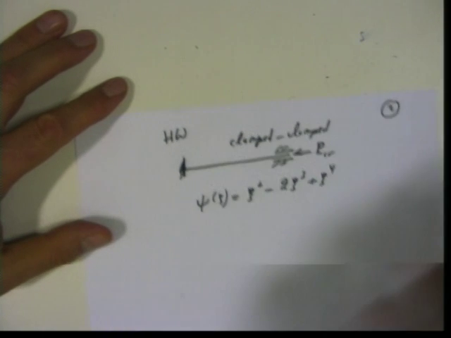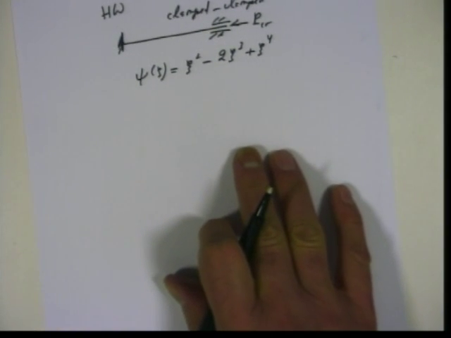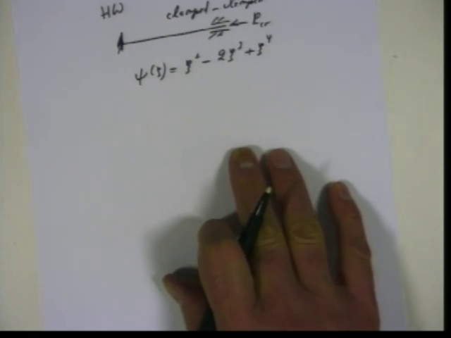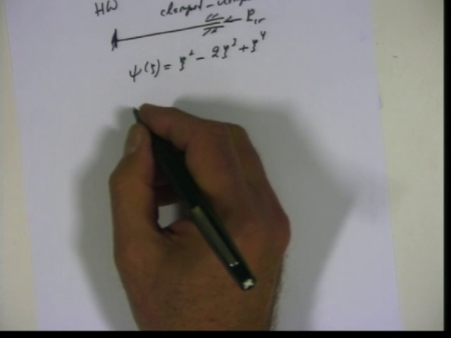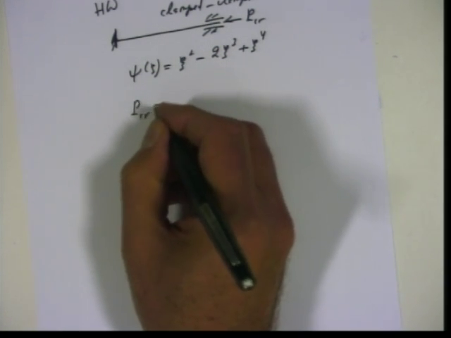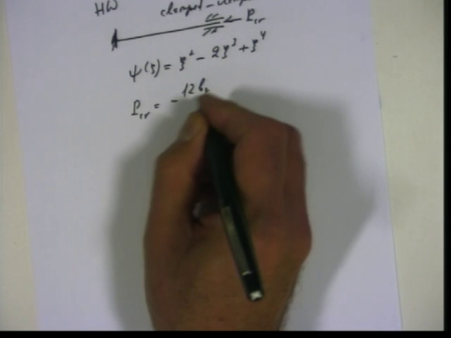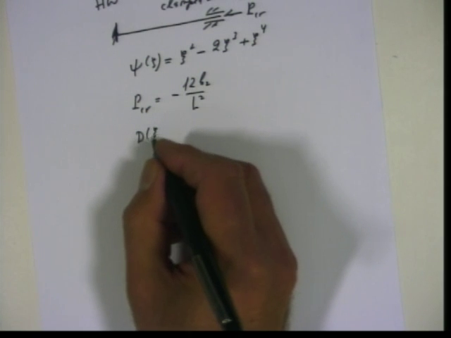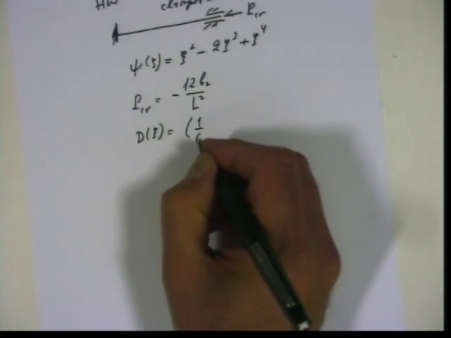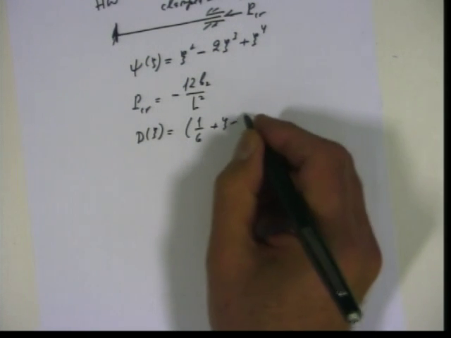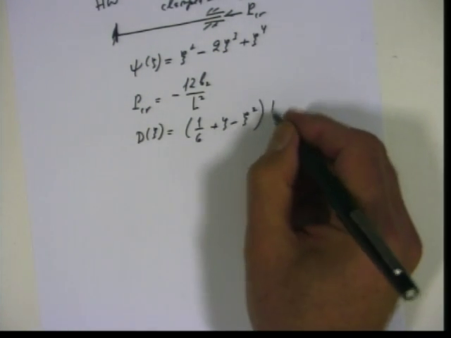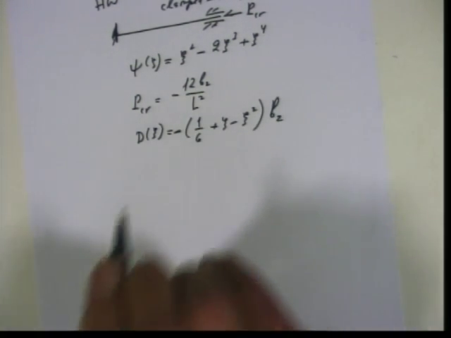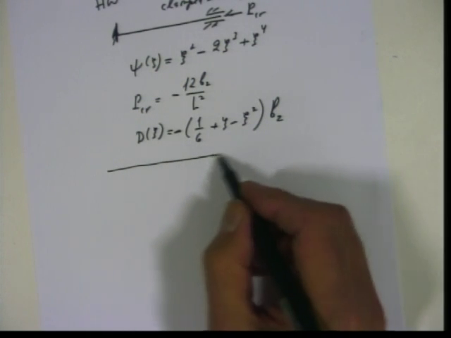I'm giving you results. I do not give derivations here because that was homework. Then I hope that you received the following response. P critical equals minus 12 B2 over L squared, and then D of xi equals 1/6 plus xi minus xi squared, times minus B2. Okay, I hope that this is the result.